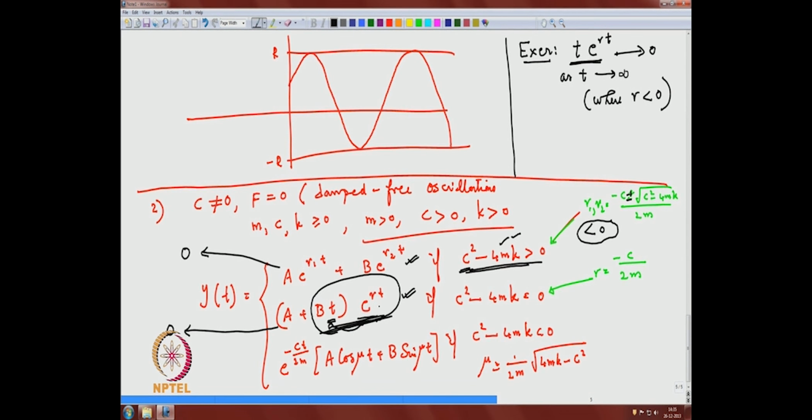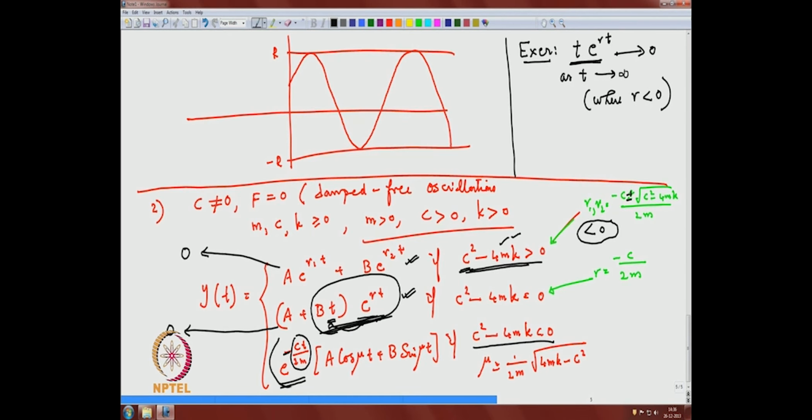But if you reduce the damping still further, you will reach a situation here, but some damping is required, because if c is positive, still there is a negative quantity sitting here, you see, c is positive. So, this is minus of that. So, still a negative quantity sitting here.